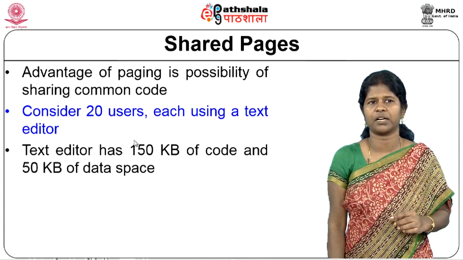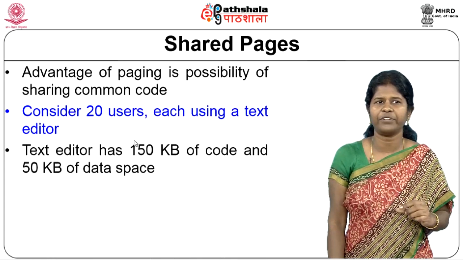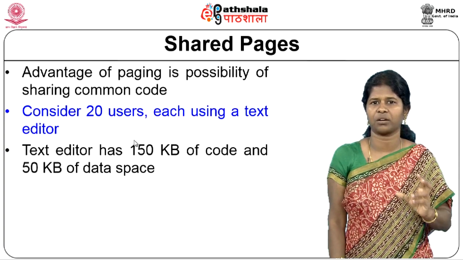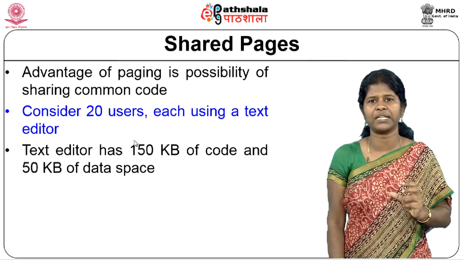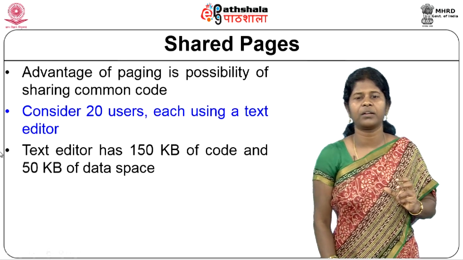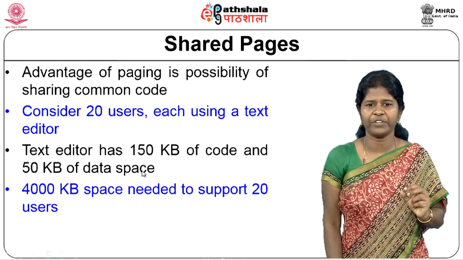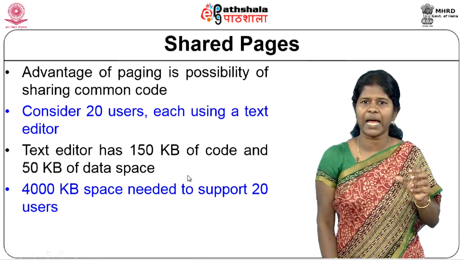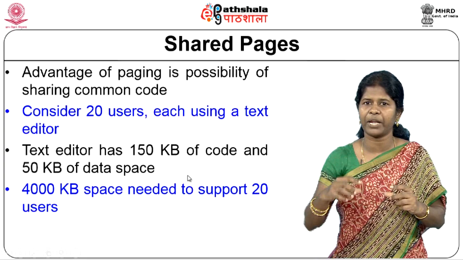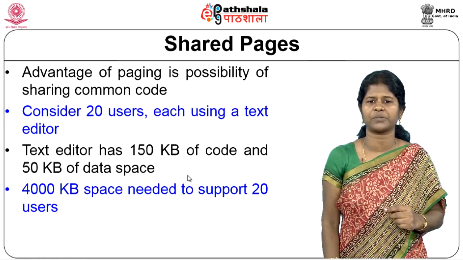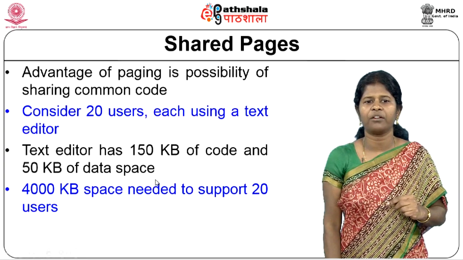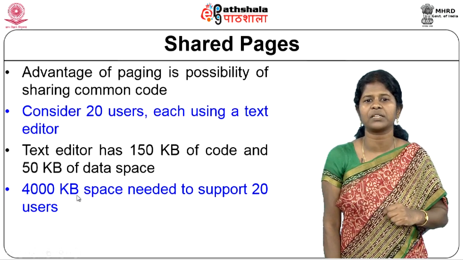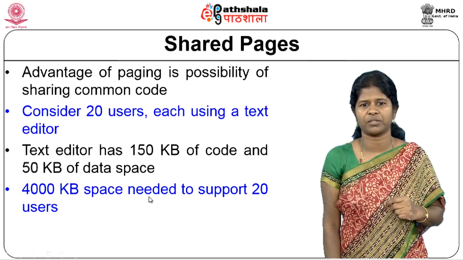And the text editor has got 150 kilobytes of text code and 50 kilobytes for data. And this 150 KB of text code, if it is kept in separate pages for each of the 20 users, then you need 150 into 20, that is 3000 kilobytes, to support 20 users.